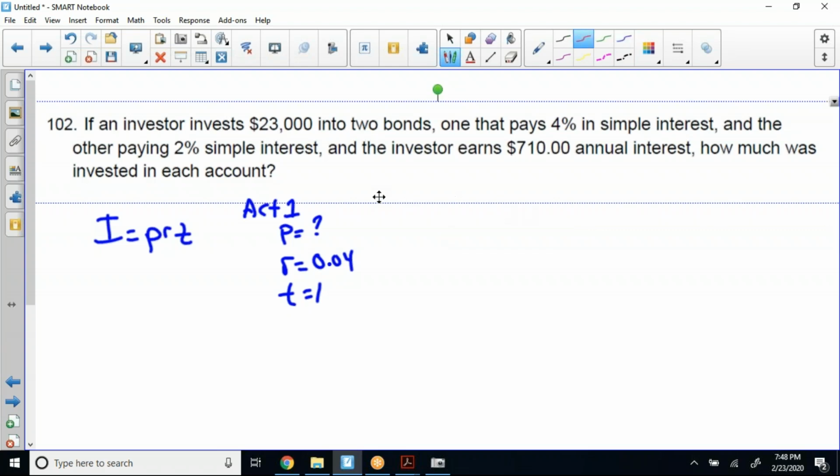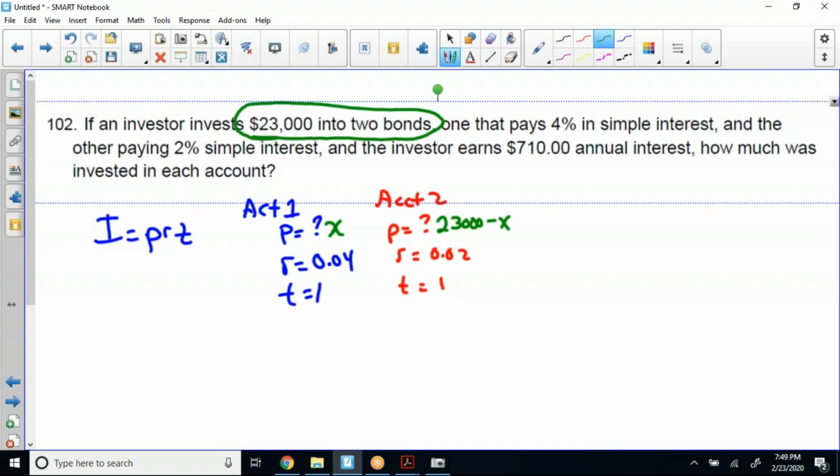It doesn't really matter because we're not differentiating, one account longer than the other. We still don't know the principal here, but this one is 0.02, and of course we make the time 1. So how do we know how much they put in each account? We're going to put X amount in the first account, and then 23,000 minus X in the other.